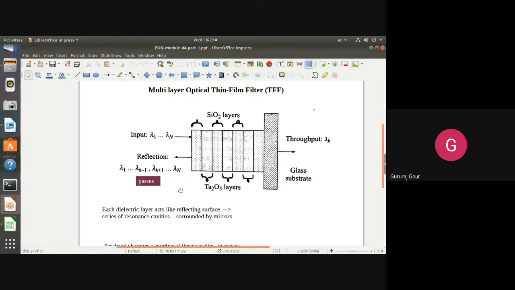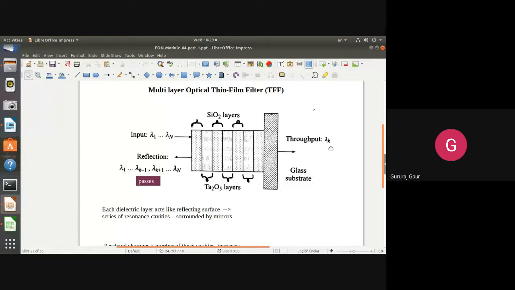Compared to the previous thin film filter using Fabry-Perot, there you got only one set of wavelengths. Now, as you are using multiple layers, you are getting two sets of reflected wavelength ranges. Understand?